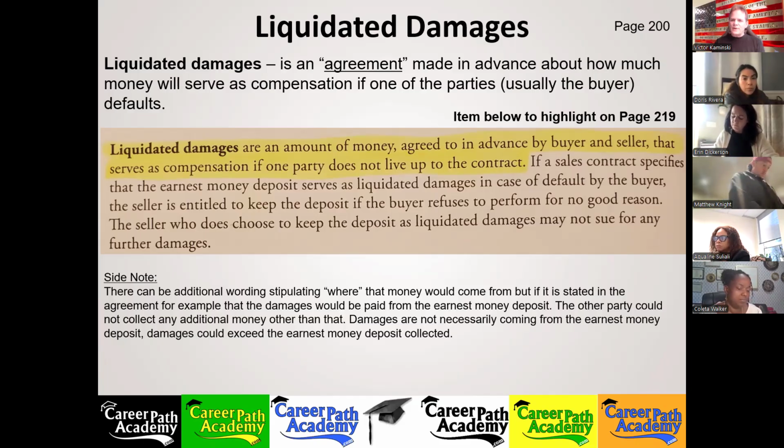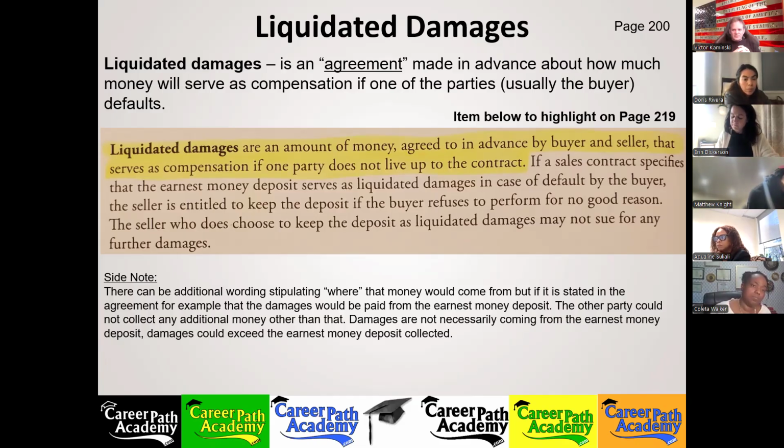Now, this is usually the buyer that would be the one in breach of contract. So, a liquidated damage agreement basically says that, in the event that the buyer breaches the contract, they have to pay the seller so much money. Now, it does not say where that money is coming from.